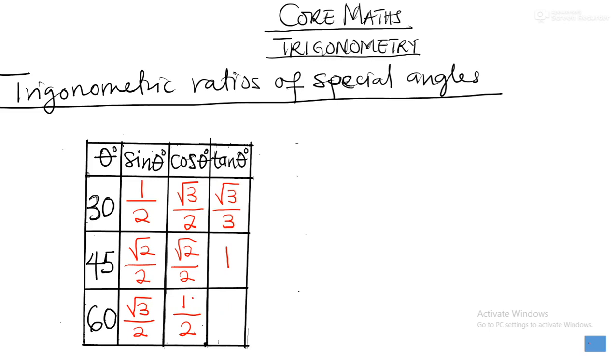Sine 60 is root 3 on 2, and cos 60 is half. So when you divide this one by this one, we are going to get root 3.